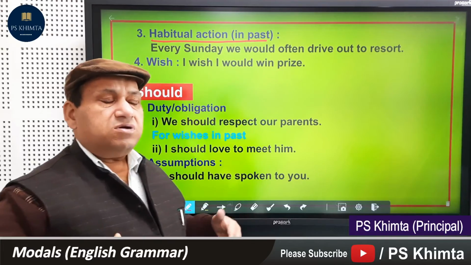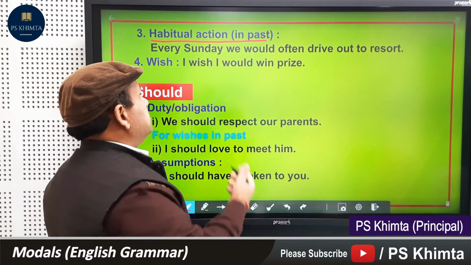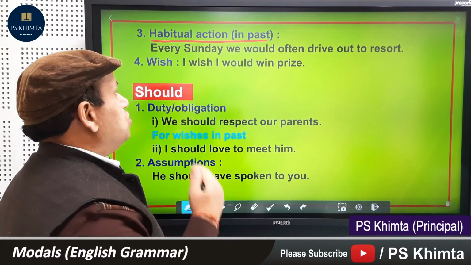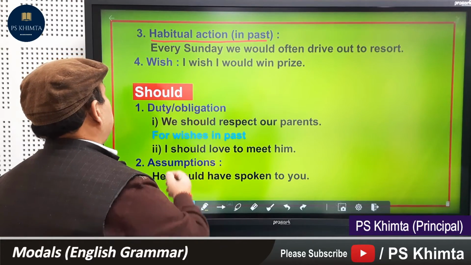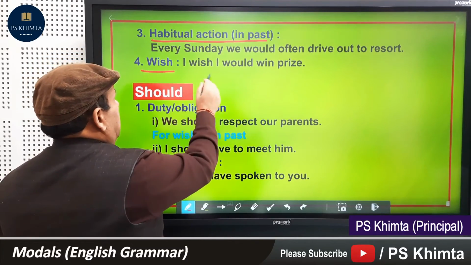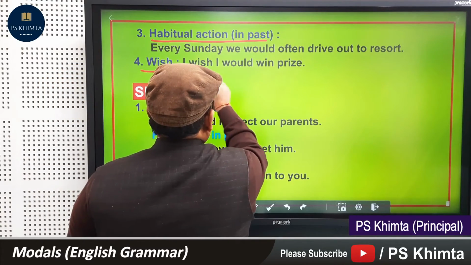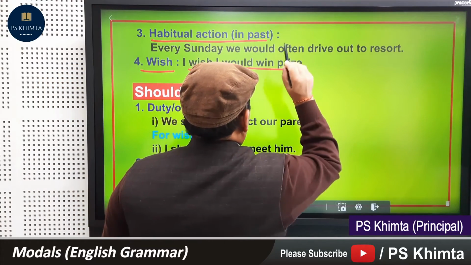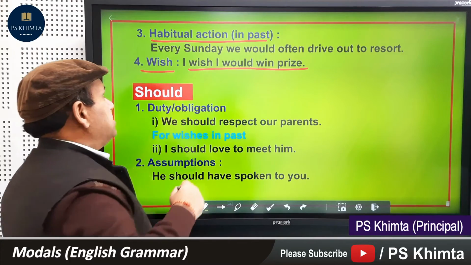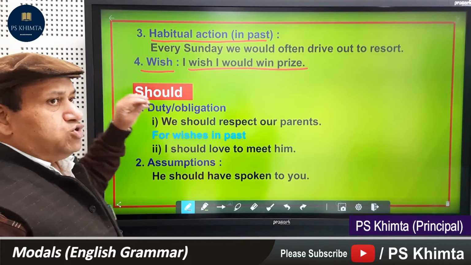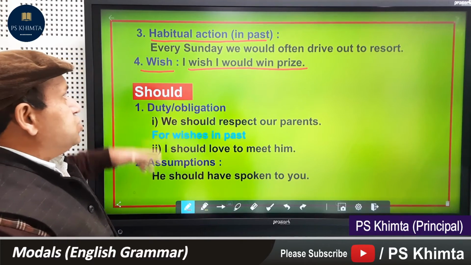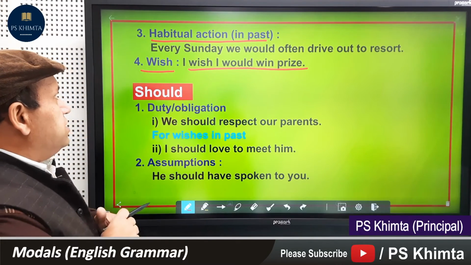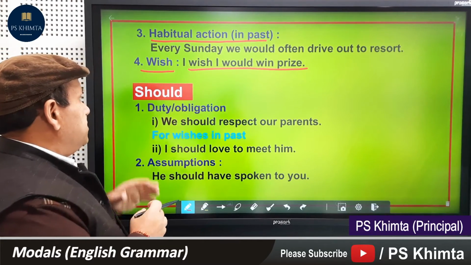This is a kind of habit, that every Sunday you are always going for a trip or going on a tour. Then say wish. I wish I would win a prize. This is a kind of wish. So there are four: habitual, polite request, hypothetical, and this wish also. These are the four we are doing in would.